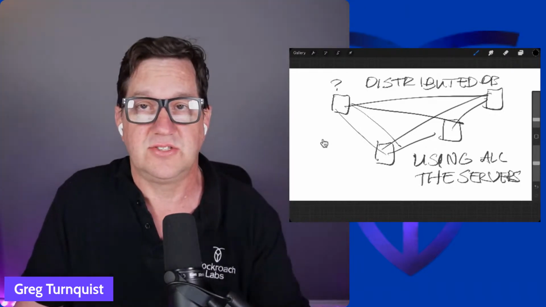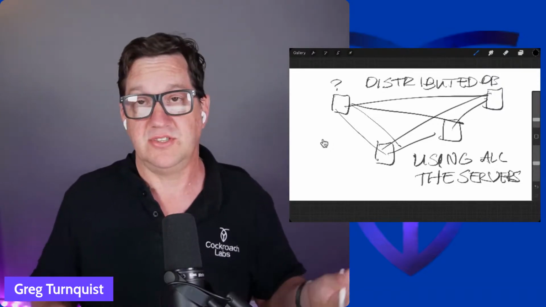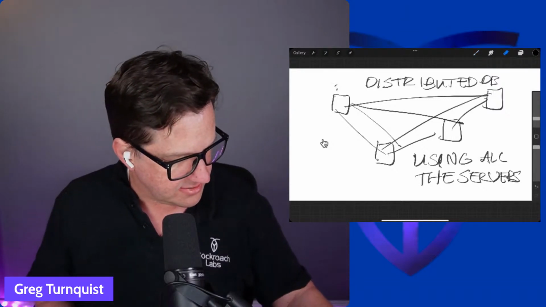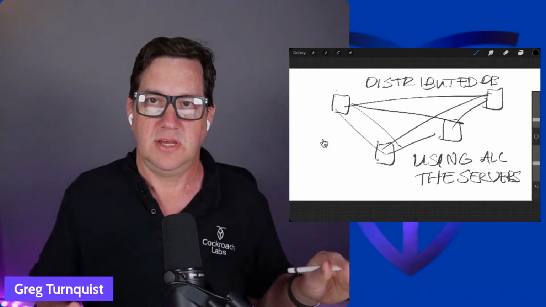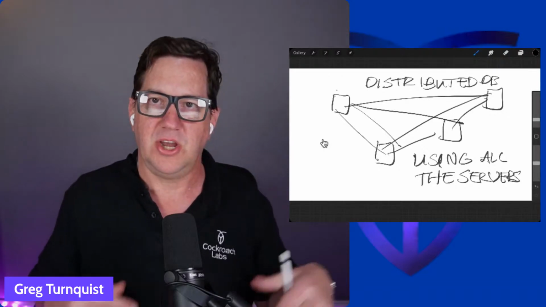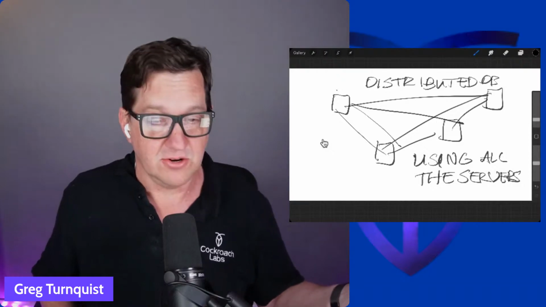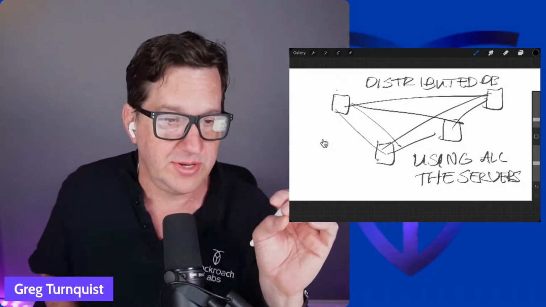That's a tacked on solution for a monolithic database. This is not what distributed databases do. The whole idea of a distributed database is all of these nodes are equal in function. Nobody is primary, nobody is secondary. They just are. All these nodes are here. All they're coordinating is how do we divvy up the database?